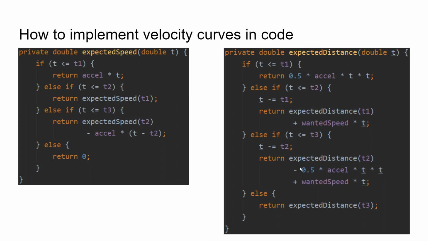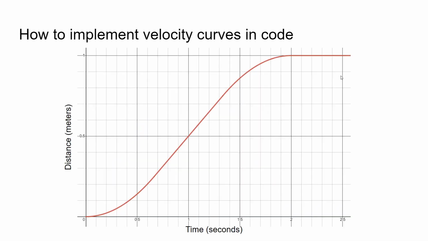That's where that negative sign comes from. And we also have to take the antiderivative of both parts of this expression. So expected speed of t2, which is a constant, its antiderivative is that constant times t. And so that gives you this expression, and that will also end up giving you the equivalent of this curve.